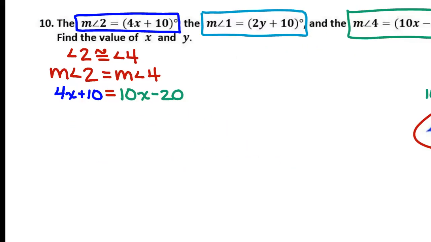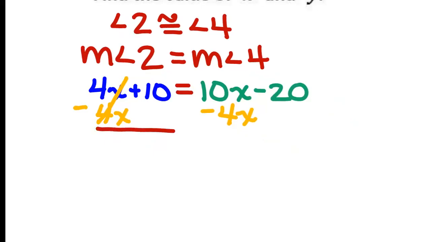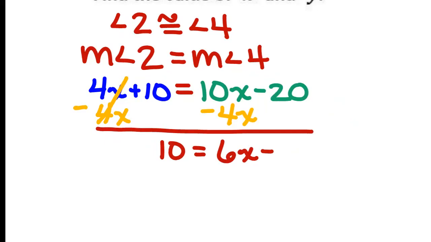And now we're going to solve this for x. So the first thing I would do here is get my x's to the same side. So I'm going to subtract 4x from both sides. So I have 10 equals 6x minus 20. Then I'm going to move my constant. I'm going to add 20 to both sides.